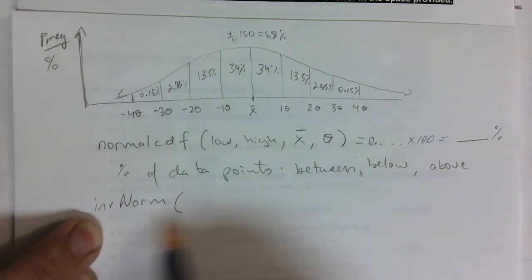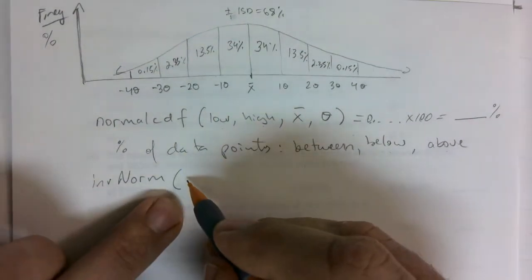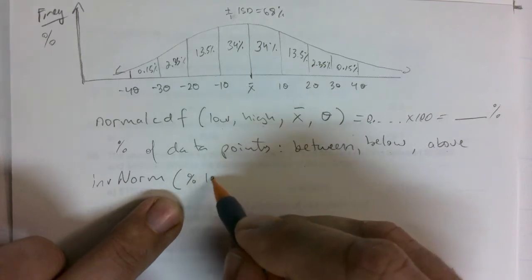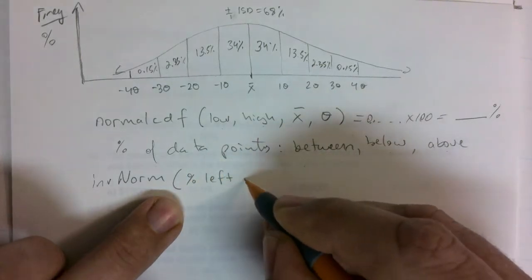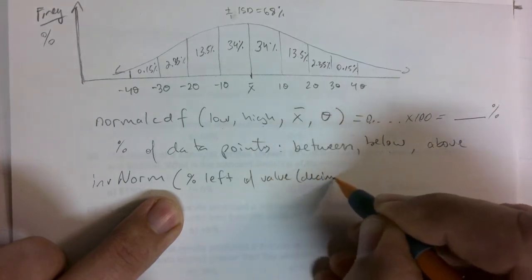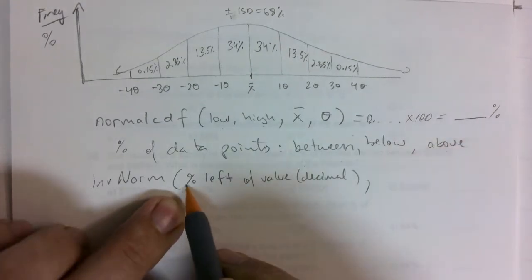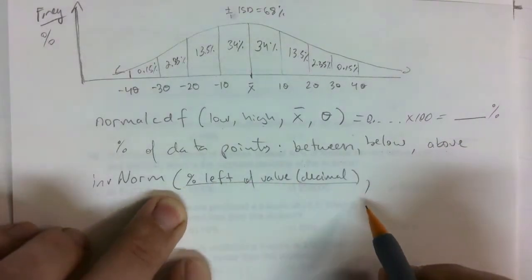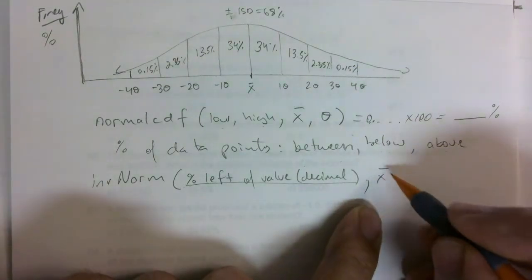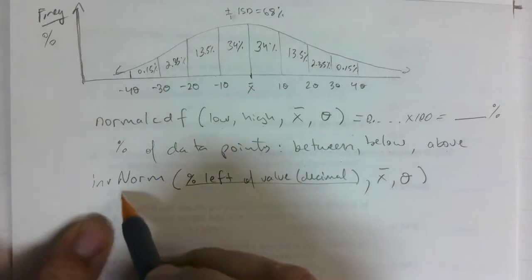And you have to show me these entries if I ask you for it. Inverse norm needs the percentage to the left of the value, and that has to be as a decimal, comma. So this is the one entry there, which will just be a decimal. Mean and standard deviation like this.